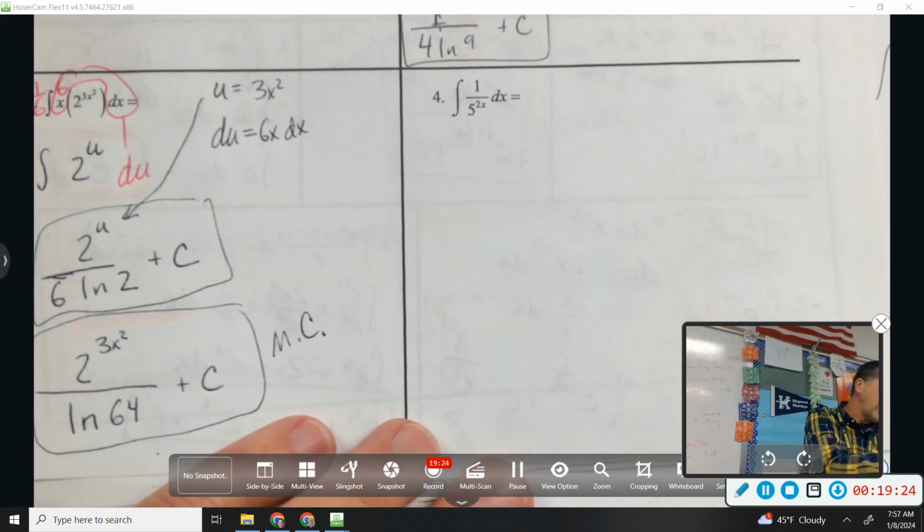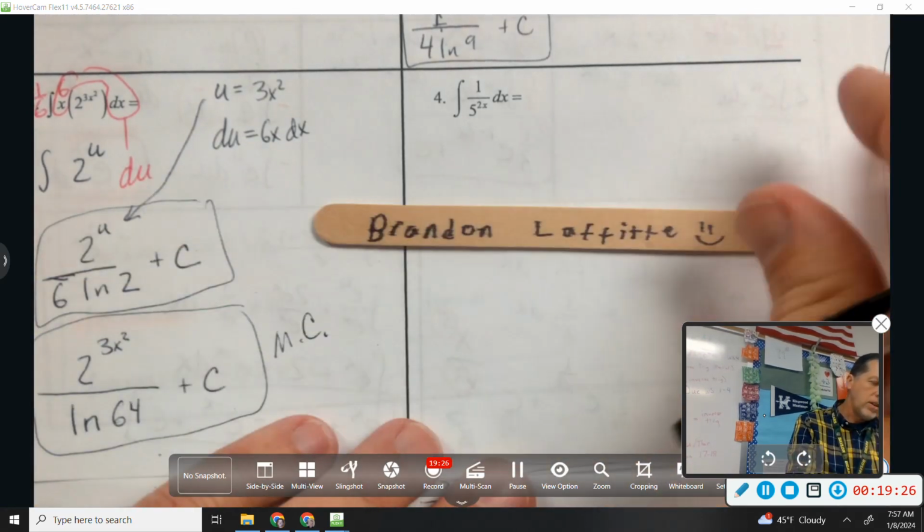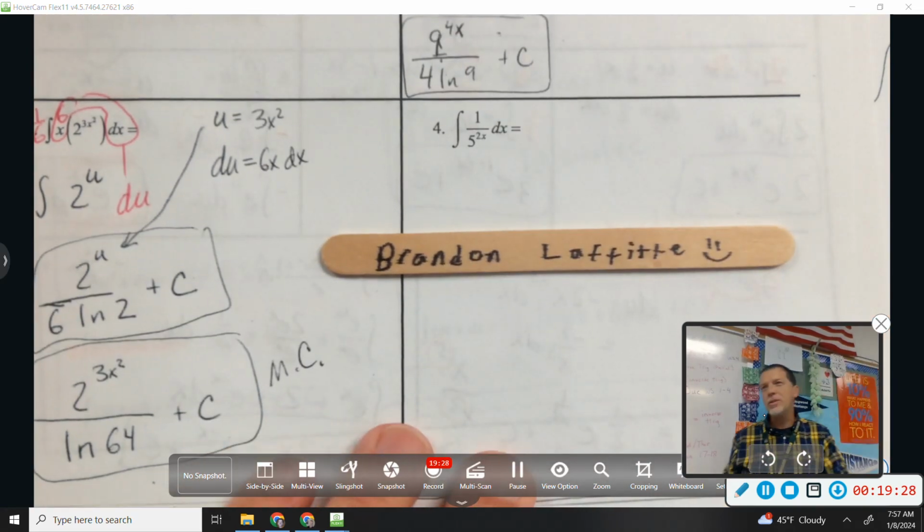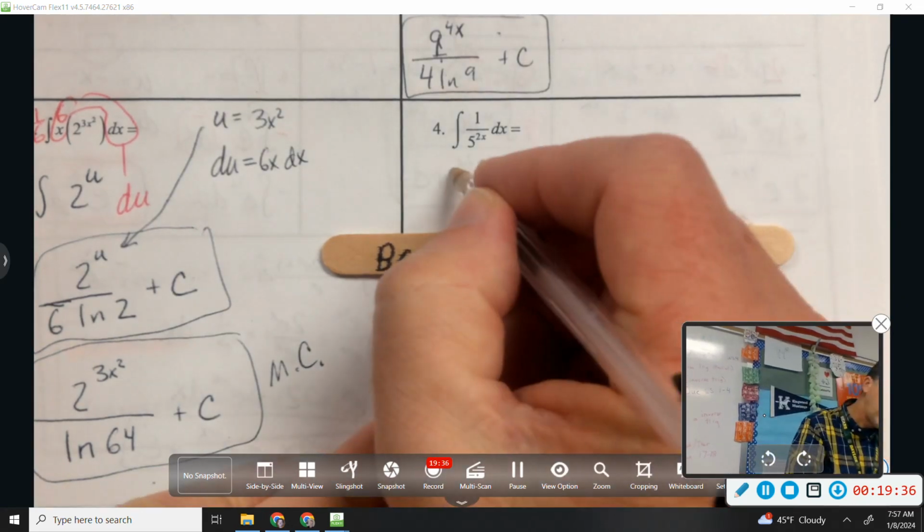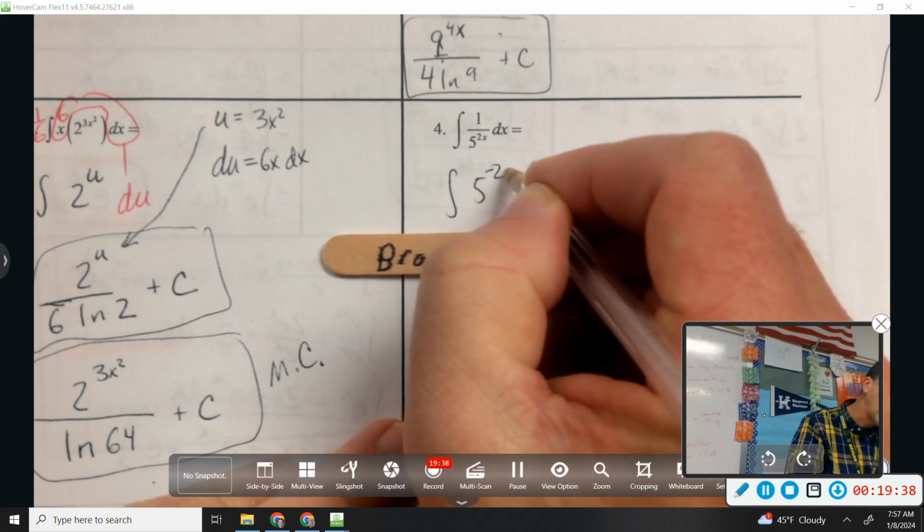I kind of don't like number 4. Brandon, any thoughts what we do first with number 4? Good. Let's make it 5 to the negative 2x.